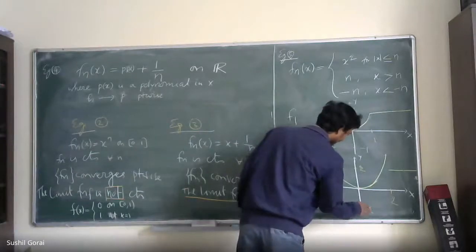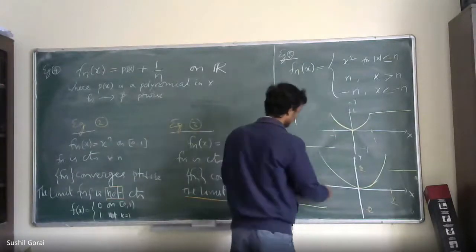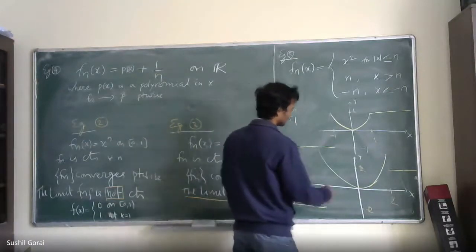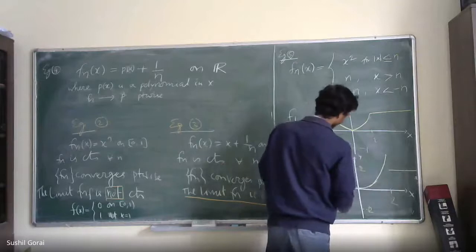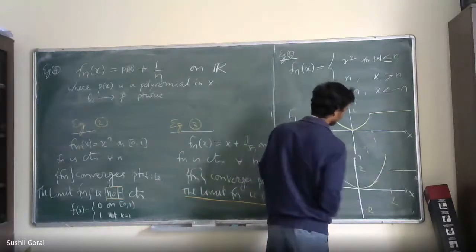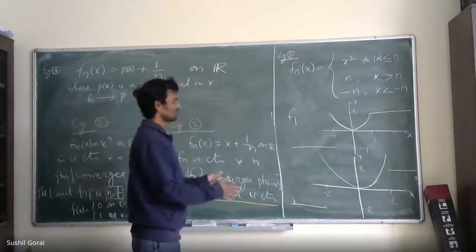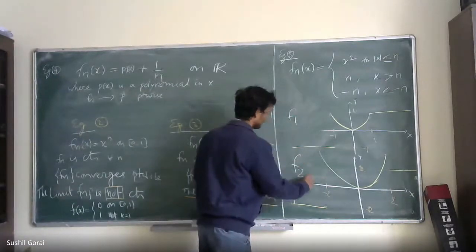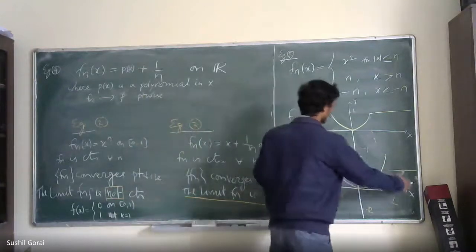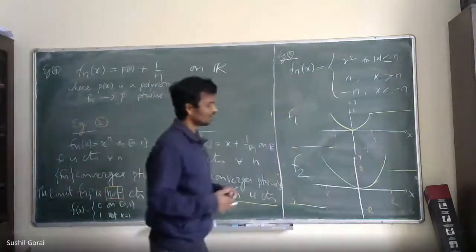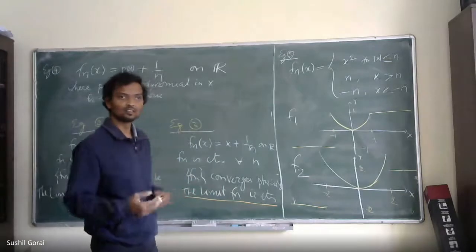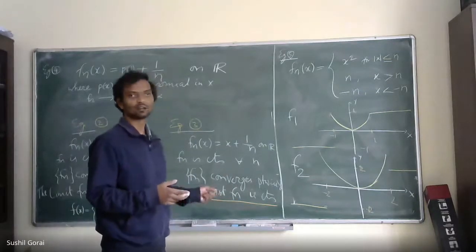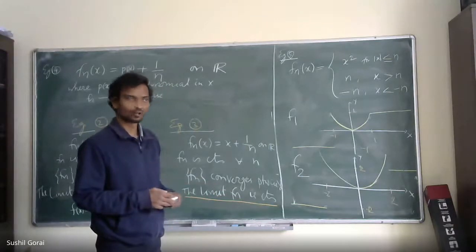So for F2, greater than 2 it is 2, and less than minus 2 it is minus 2. And similarly for F3, you have minus 3 to 3, y equal to x squared, and after 3, it is 3, and less than minus 3, it's again minus 3. All right.